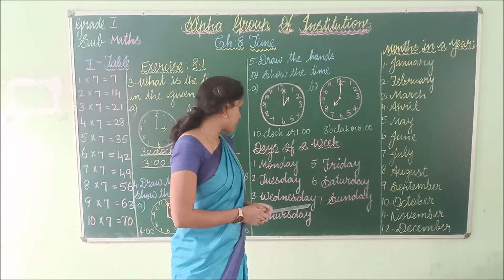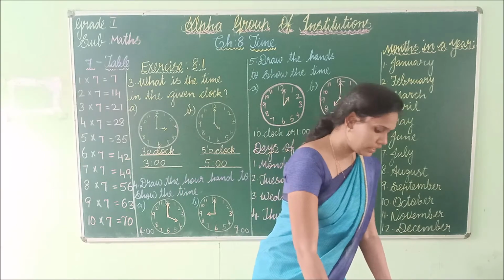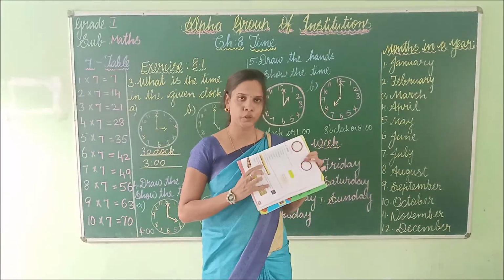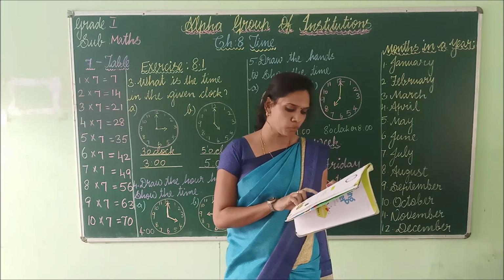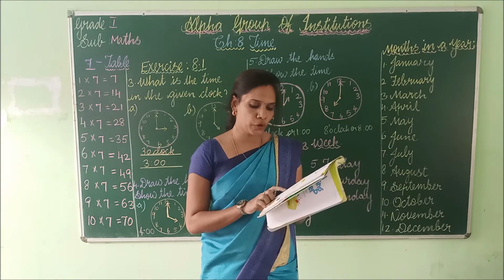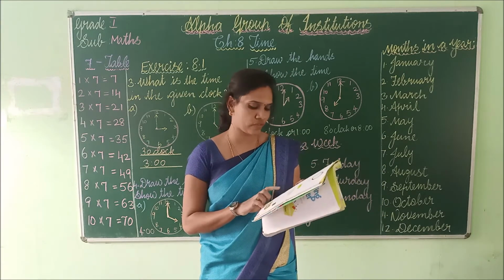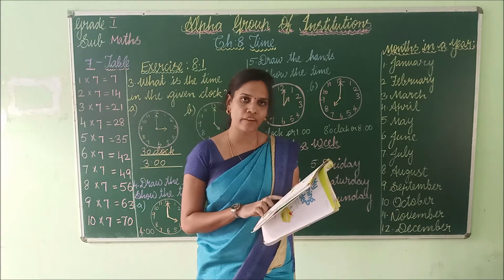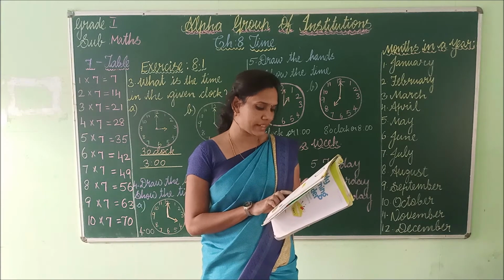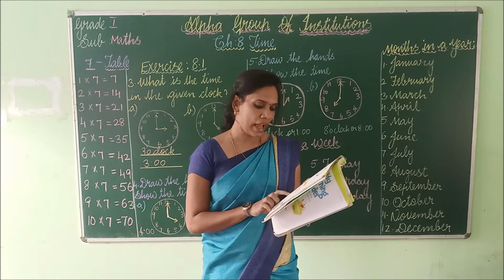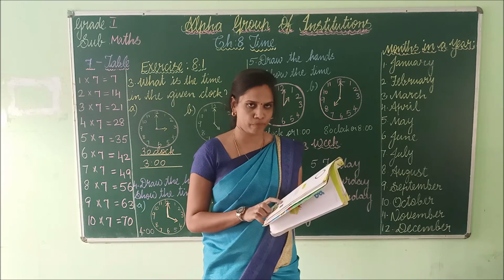Fine children. So here you have exercise 8.2. Joseph went to Mumbai for a week during his vacation. Joseph is a boy. He went to Mumbai for his vacation. All the activities done by him over the week have been shown with the help of pictures.